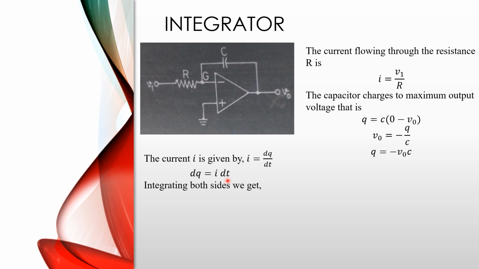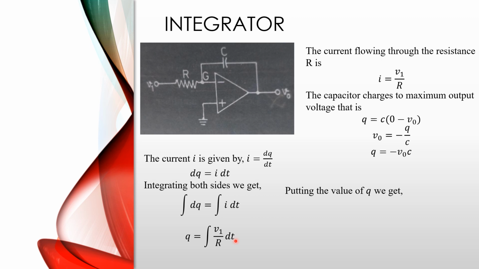Integrating dq equal to I dt, integrating both sides, what we get is integration dq equal to integration I dt. So what is the value of this integration? Integration dq gives q, that is equal to, I means V1 by R, so here we put the value of I, that is V1 by R dt.